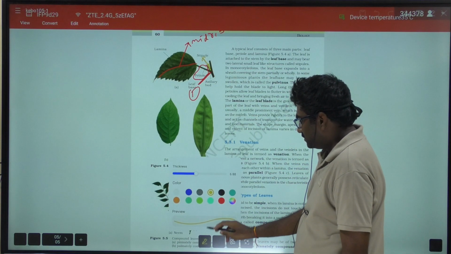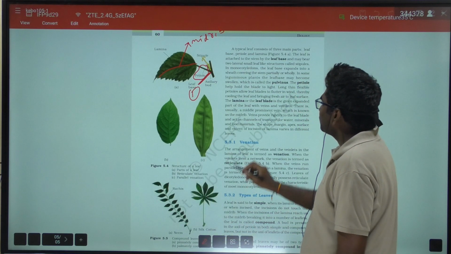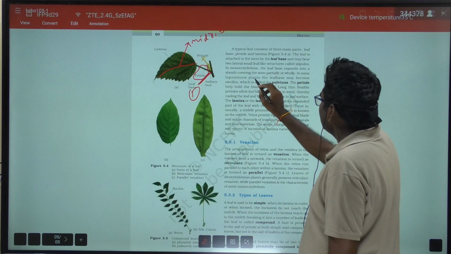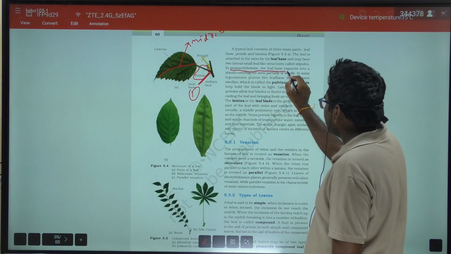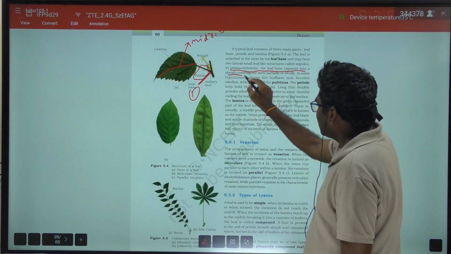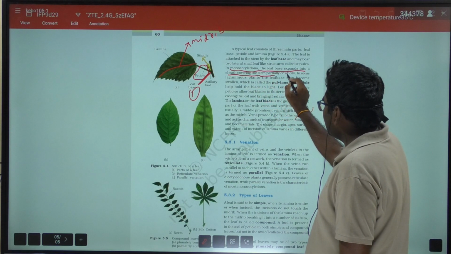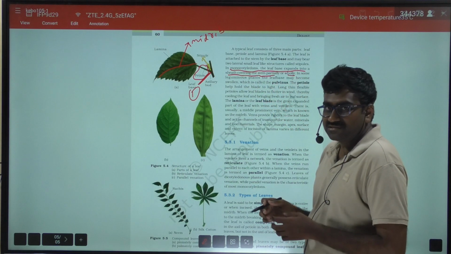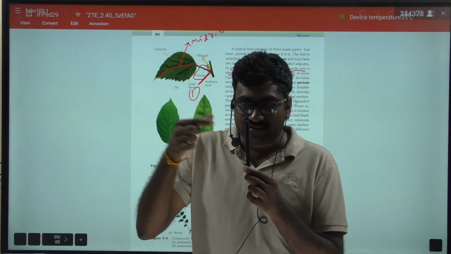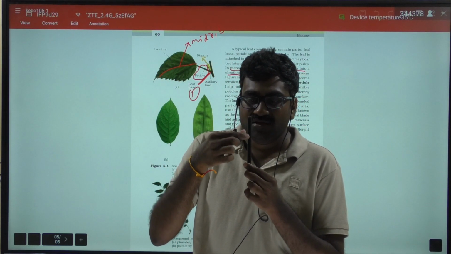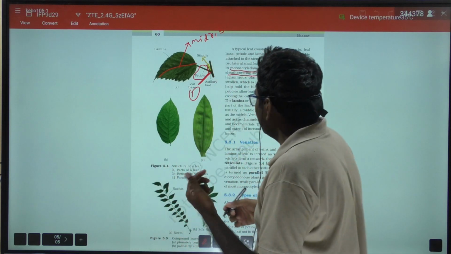And in monocots, the leaf base expands. Very important. In monocots, the leaf base expands into a sheath covering the stem partially or wholly. That means this is the stem, and here the leaf covers this stem partially or wholly in monocots.